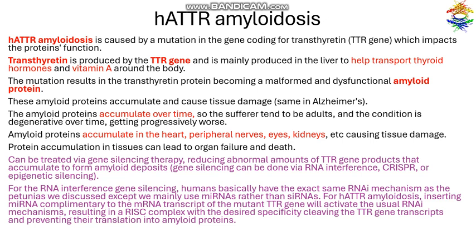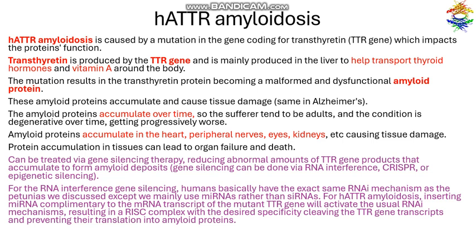There are multiple ways to silence this gene. One of them is CRISPR, where the gene is essentially cut out and replaced with a functional version of the gene. We're going to go more into CRISPR in the next video.